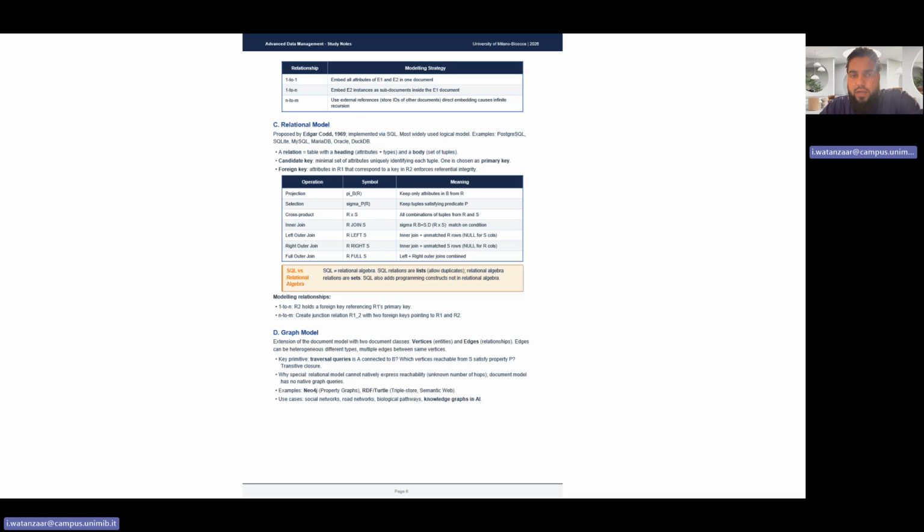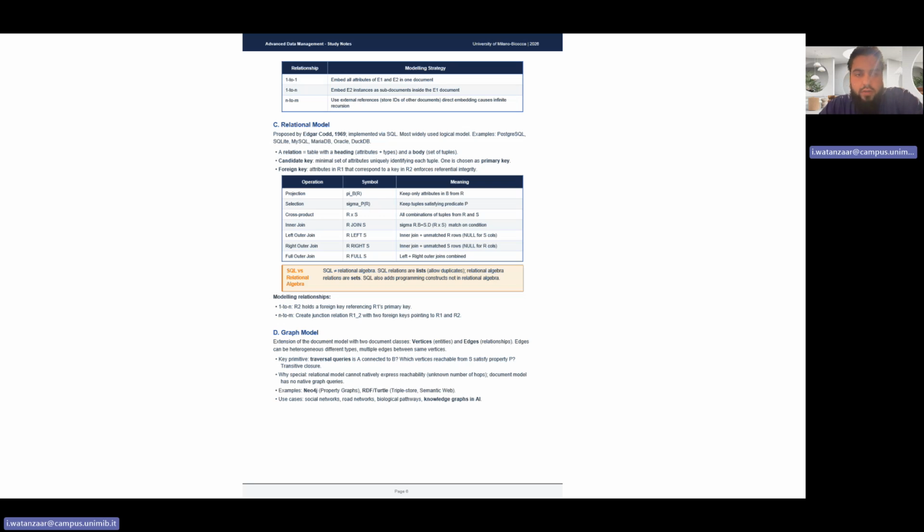We have attributes in a single table, in this case R1. R1 could be a table or a relationship, corresponding to a key in R2, to enforce referential integrity. It means that based on one key, we are referencing the other table as a foreign key. So this is another aspect of the relational model.